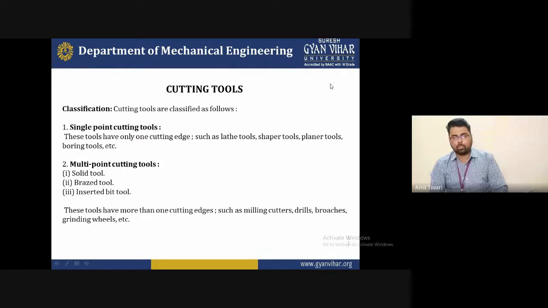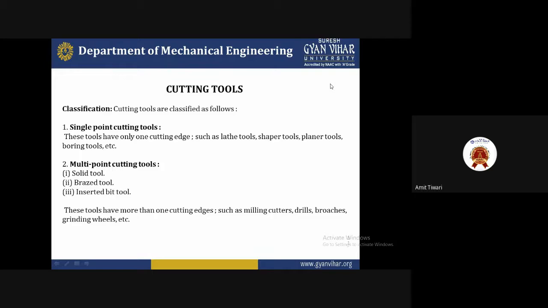With the help of this cutting tool discussion, I am giving you some unique things, so we can understand why we select the single point cutting tool and when we select the multi point cutting tool. It depends on the tool operation and the machining used for that particular operation, because every machine has a different cutting tool.